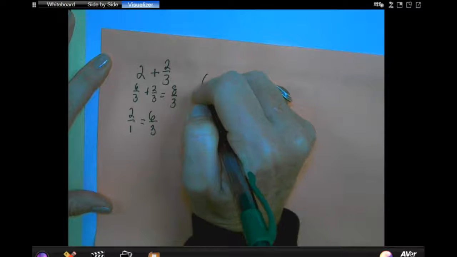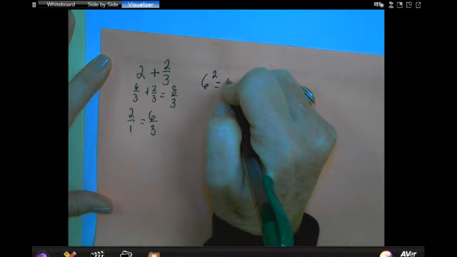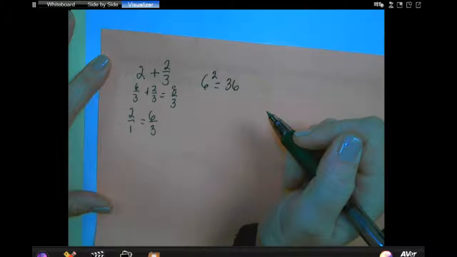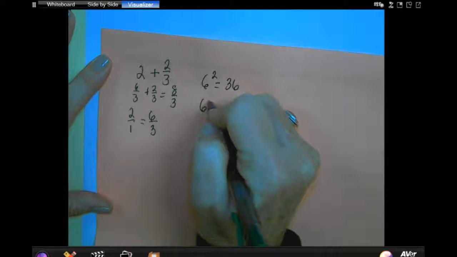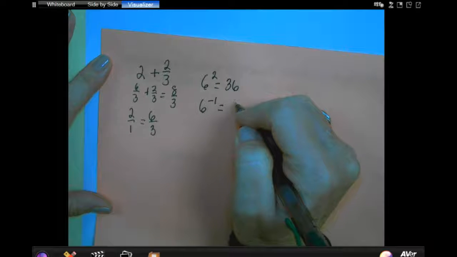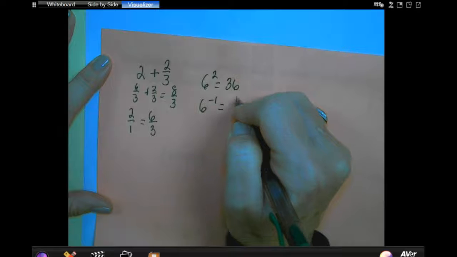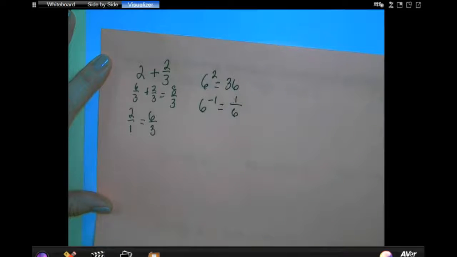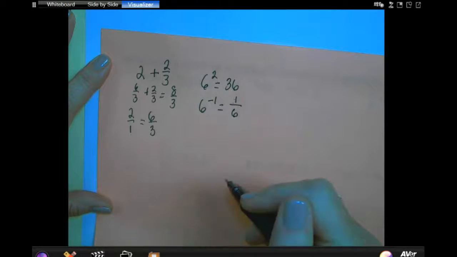If I have 6 to the second power, 6 to the second power is 36. If I have 6 to the negative 1, it's not negative 6. It's 1 over 6. You move it to the bottom and it becomes positive.